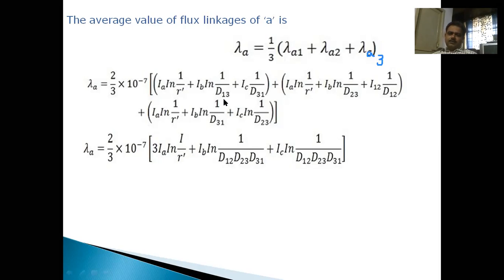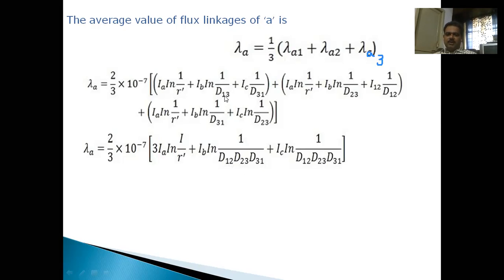Okay. So now the current becomes IB is equal to ln into ln A plus ln B plus ln C. So ln of A into B into C, just using that logarithmic formula, taking IB as common. Now the terms, that is 1/D12 D23 D31.